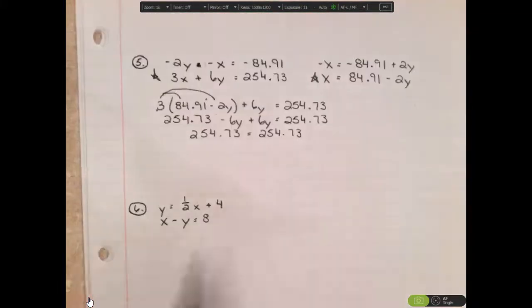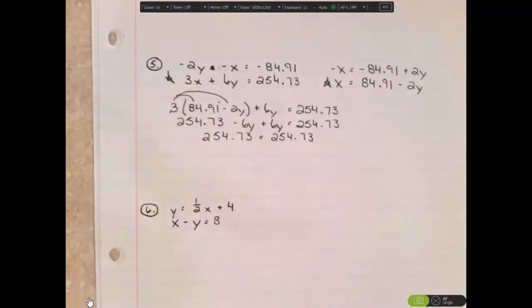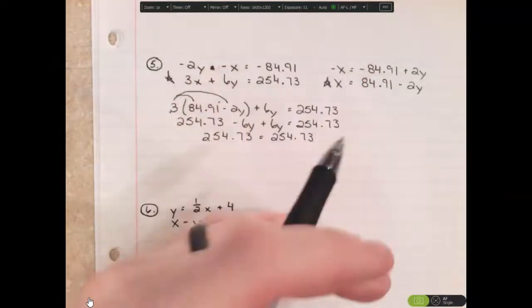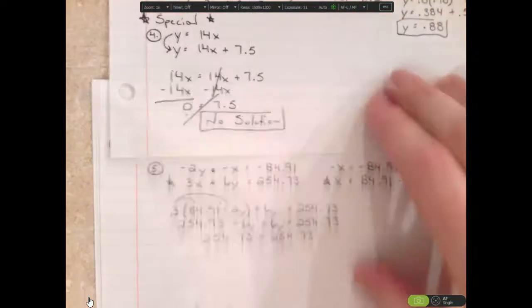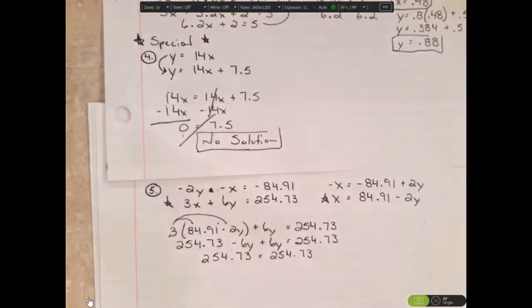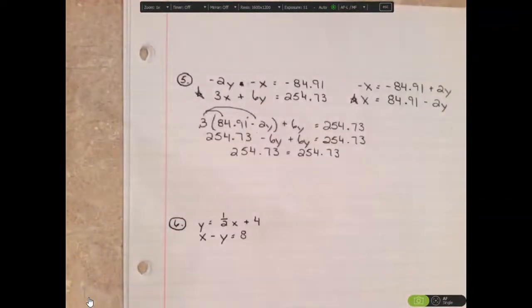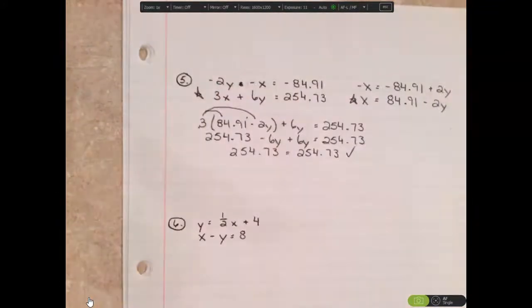Guys, this is another special case. So notice 4 and 5, they followed suit. Hopefully you put a star next to it, just like I did in my notes up top here. These two are special. Notice 254.73 is equal to 254.73. That's true. That's going to work every single time.